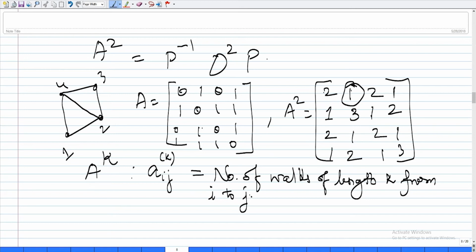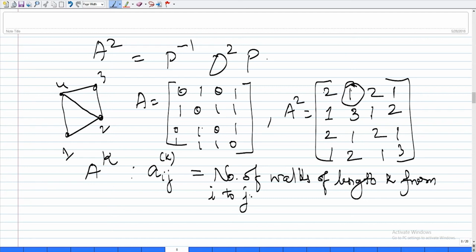If you look at any two given vertices i and j, what can I say about the corresponding matrices, say A square, A cube and so on? Do they have any connection between them? Or I will put it the other way around.